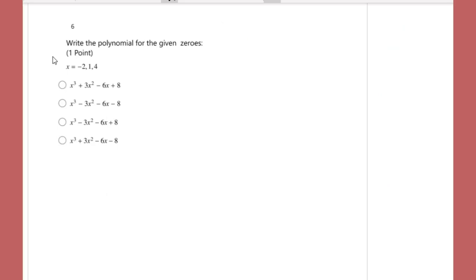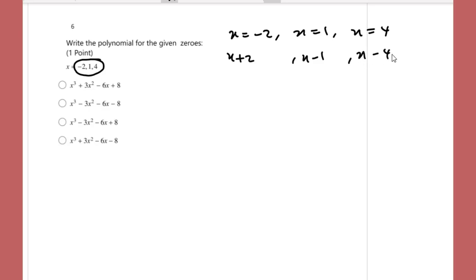Number 6. Write the polynomial for the given zeros. X is equal to negative 2, 0, and 4. These are the roots. Then change to linear factors. From the linear factors, we are going to find the polynomial and expand.